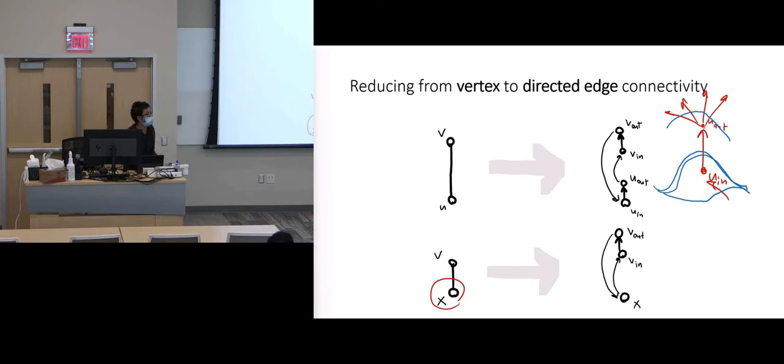Probably easier to argue: given a vertex cut, you can find an edge cut. Given an edge cut, right. Yeah. Given a vertex cut, you can find this cut that cuts through this for sure.